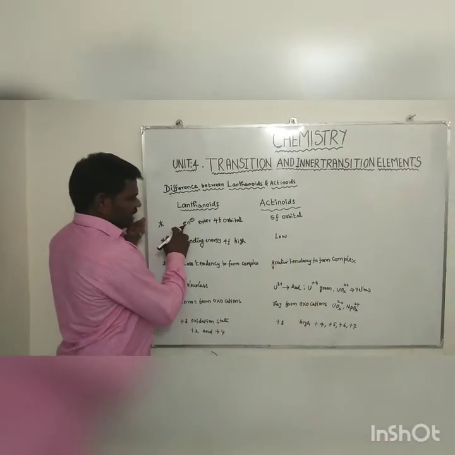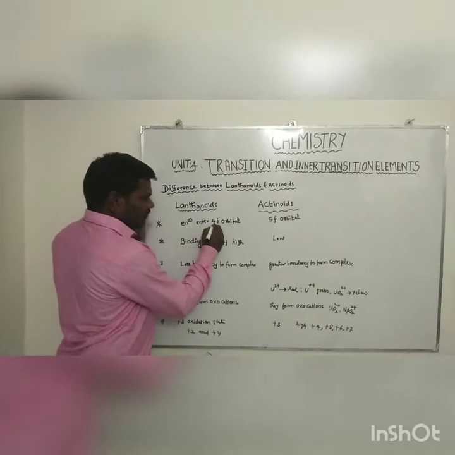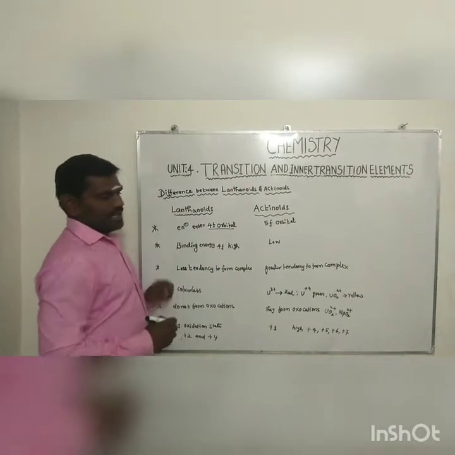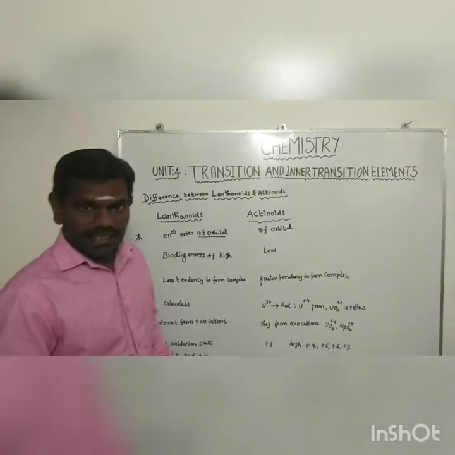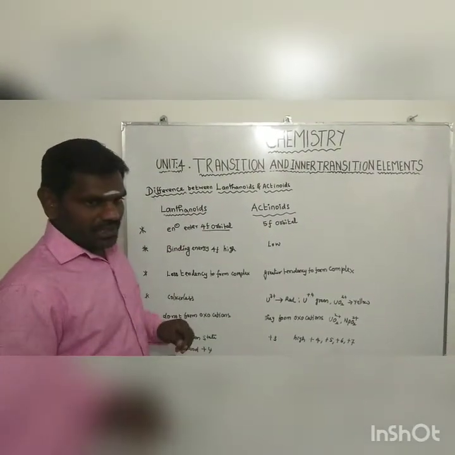The differentiating electron enters the 4f orbital in lanthanides. The differentiating electron will enter the 4f orbital.